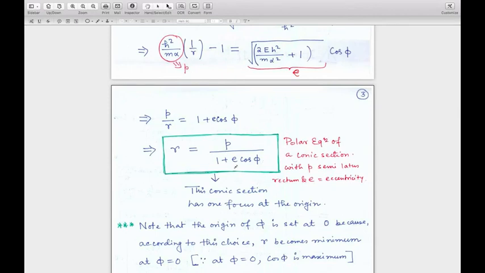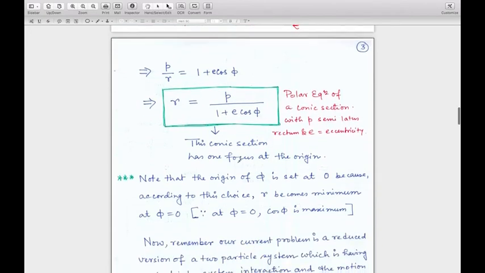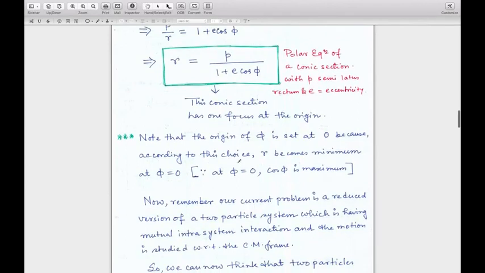This is nothing but the polar equation of a conic section, where p is the semi-latus rectum of the conic section and e is the eccentricity. So we understand that the trajectory under an attractive 1 by r potential will be a conic section.